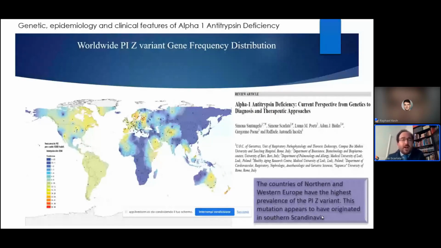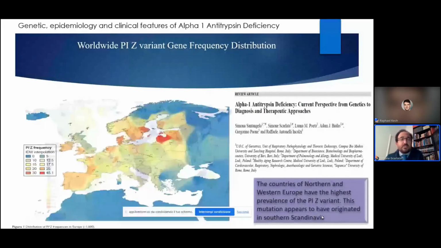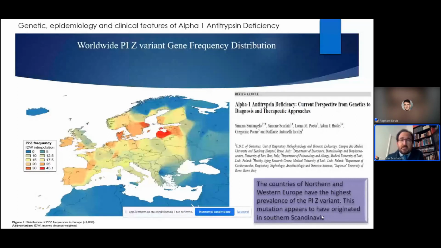The reason why the frequency is so high in Northern Europe is because the mutation likely appeared and was born in the Scandinavian area, and from then has diffused and moved around the world.